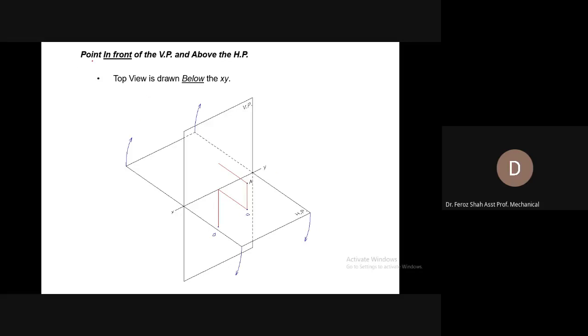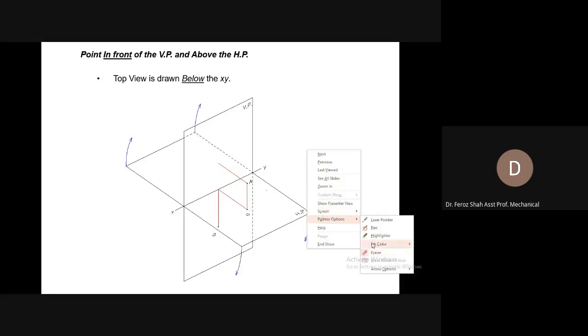For example, a point in front of the vertical plane and above the horizontal plane. You already know that if a point is above the horizontal plane and in front of the vertical plane, the point must be lying in the first quadrant. And if the point is lying in the first quadrant, its projection will be according to the first angle projection, as we have already discussed.